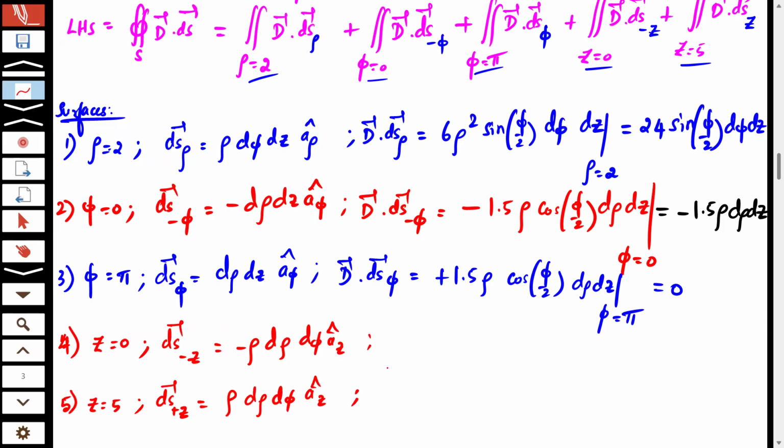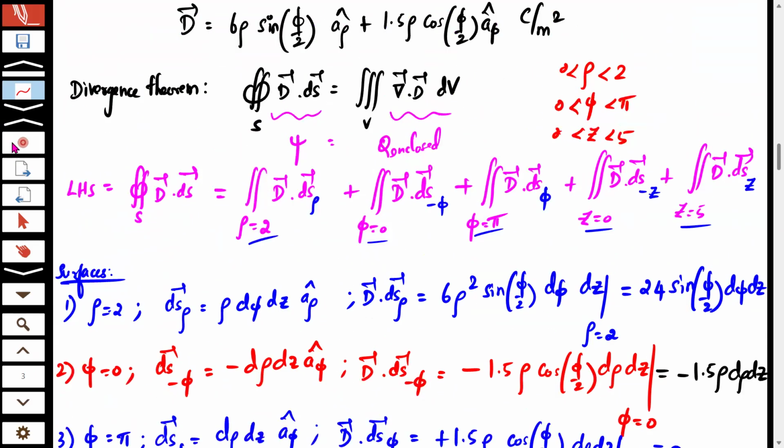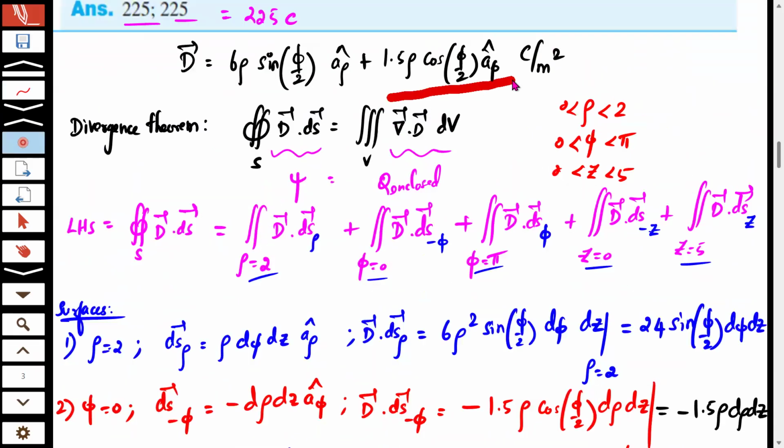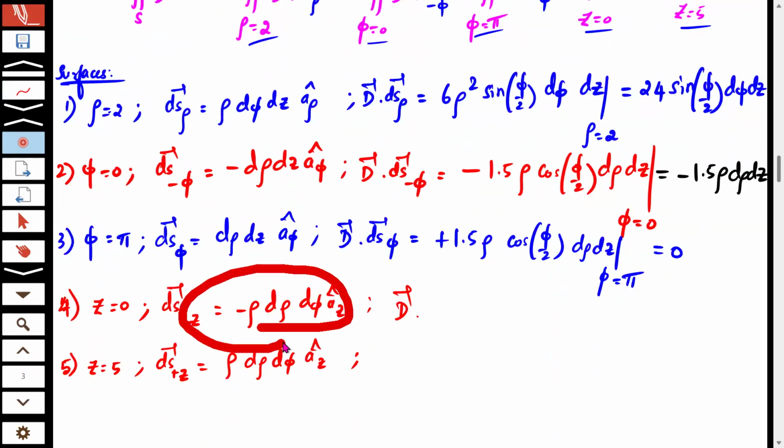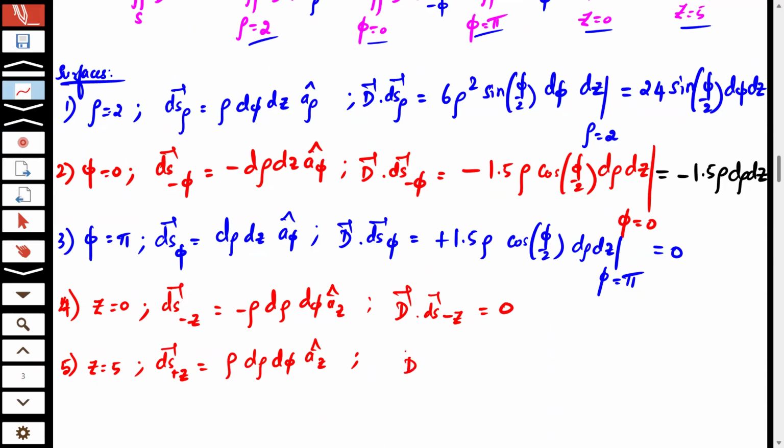But we also know our D vector does not have any z component. So 0 multiplied with this z direction component is going to be 0. So I can directly write D dot dS for both negative z direction and positive z direction as 0. Out of these 5 surface integrations, 2 dot products are non-zero and the remaining 3 become 0.